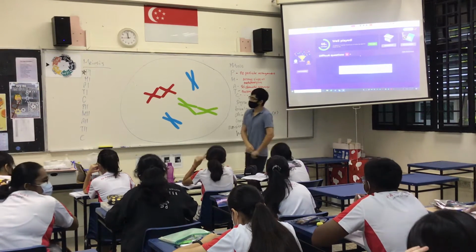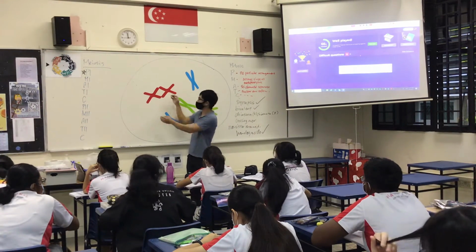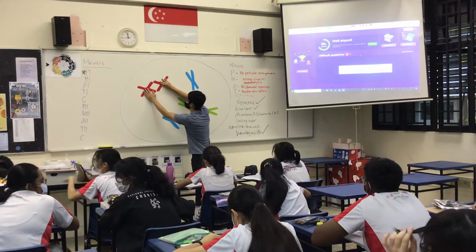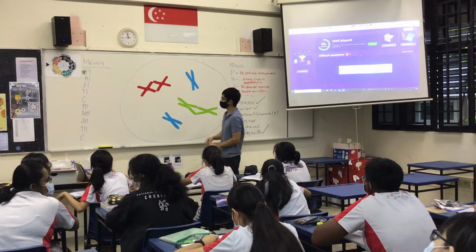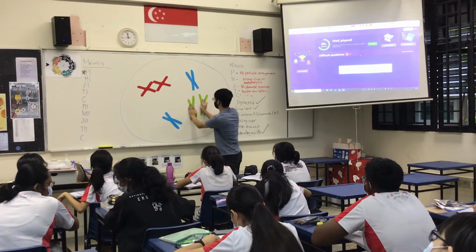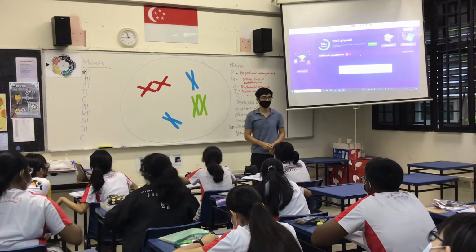Here I have homologous chromosomes pairing up. What is the difference if I pair up this way and I pair up this way? They're both pairing up.